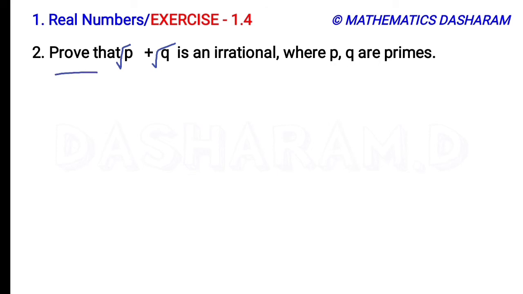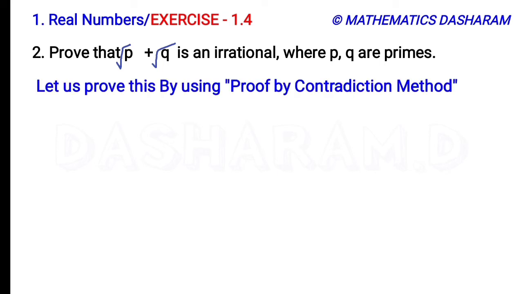Second question: prove that root p plus root q is an irrational number where p, q are primes. Let us prove this by using the proof by contradiction method. So let root p plus root q be a rational number.